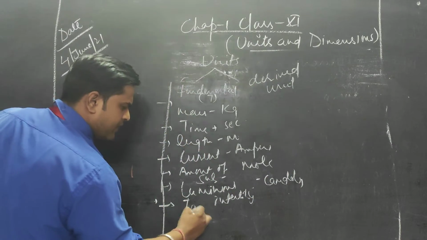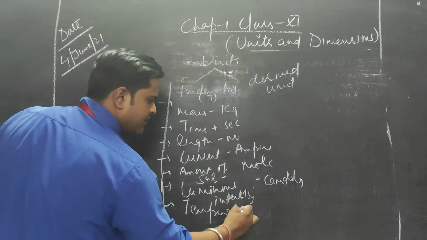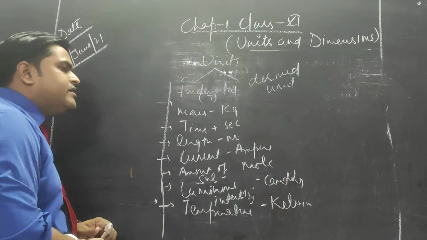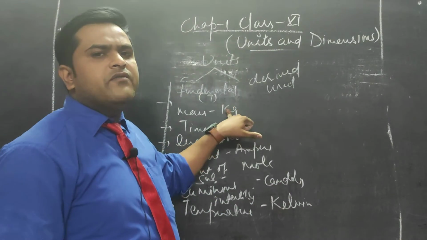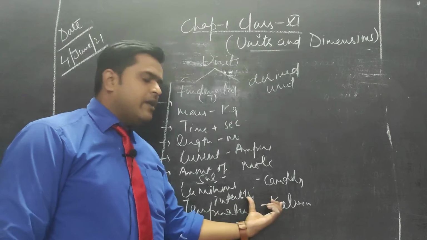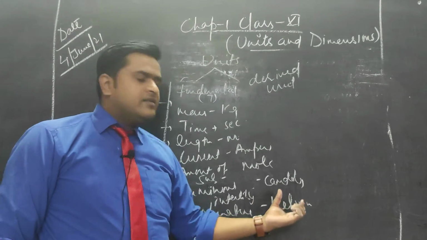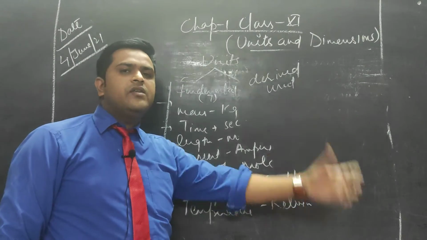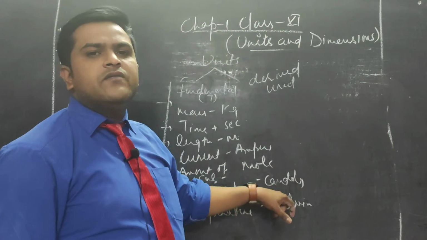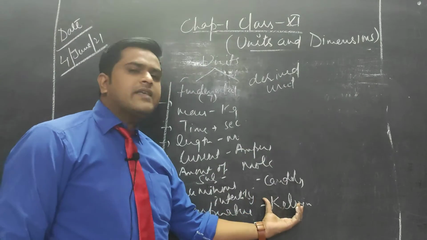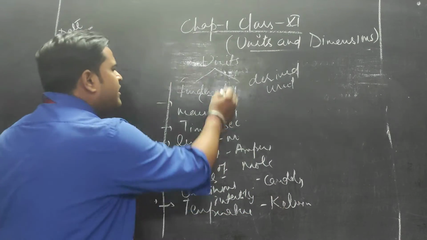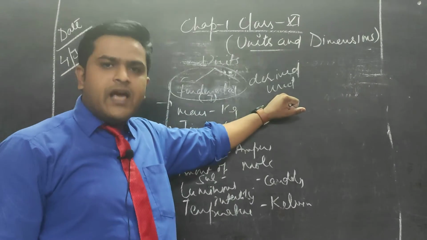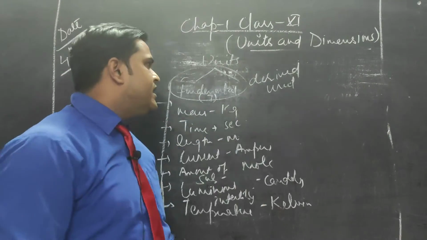Temperature. For temperature we use Kelvin. All these units are named after some famous personalities. For temperature we use Kelvin, but students get confused between degree Celsius and Fahrenheit. There are some other units of temperature, but the unit which is universally accepted is Kelvin only. So fundamental units are those units which are universally accepted and do not need to be derived.